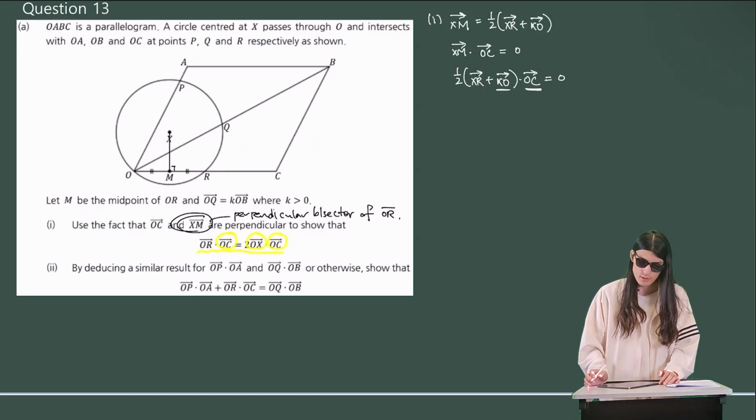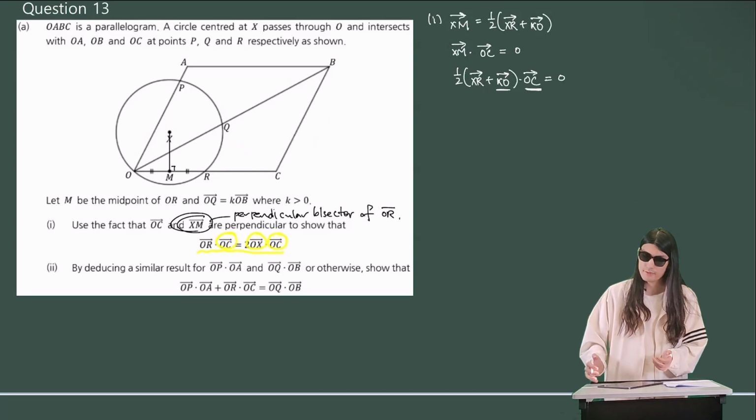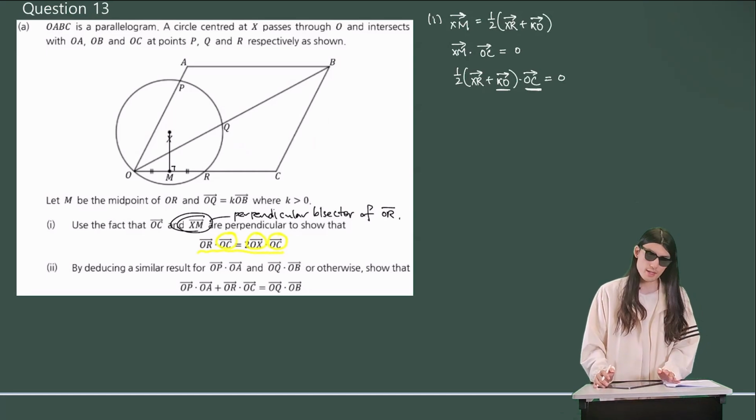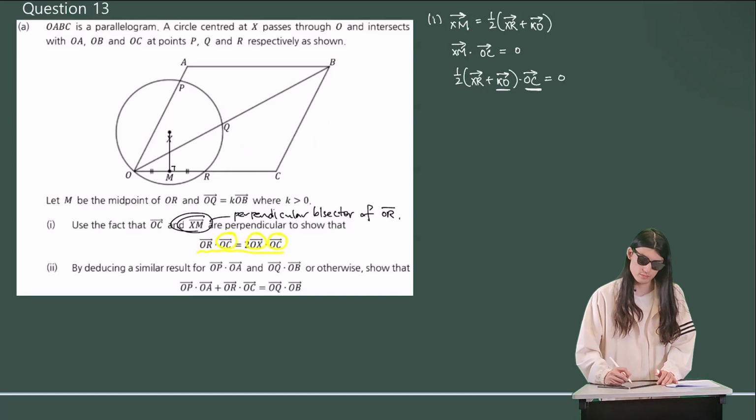But I should change XR because the expression that I need to derive doesn't contain XR. So have a look at XR. The vector XR is the vector OR minus the vector OX, isn't it?